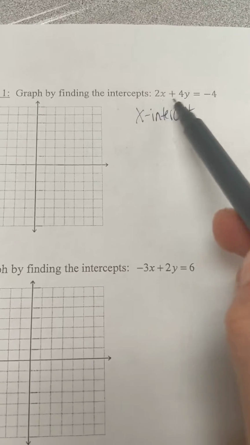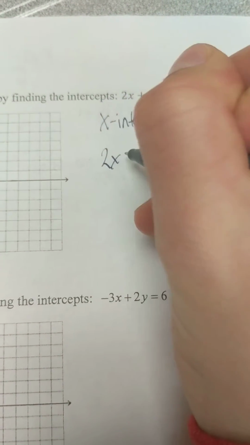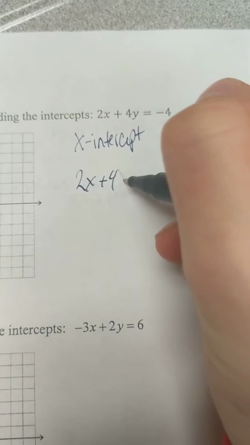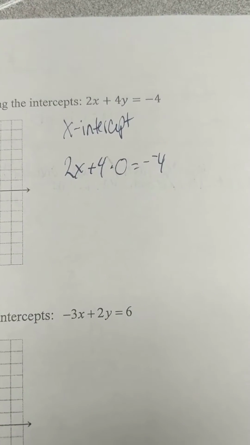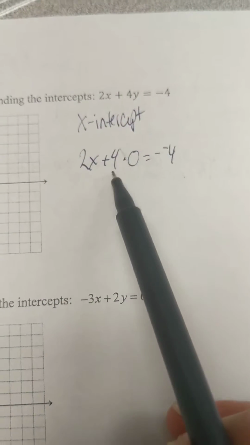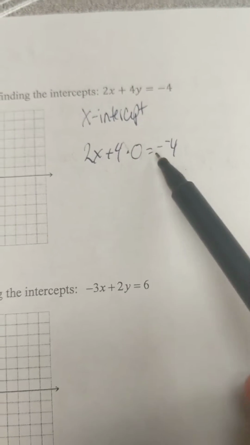So in my equation, I'm going to plug in a 0 for y. So I have 2x plus 4 times 0 equals negative 4. Well, what's 4 times 0? 0.